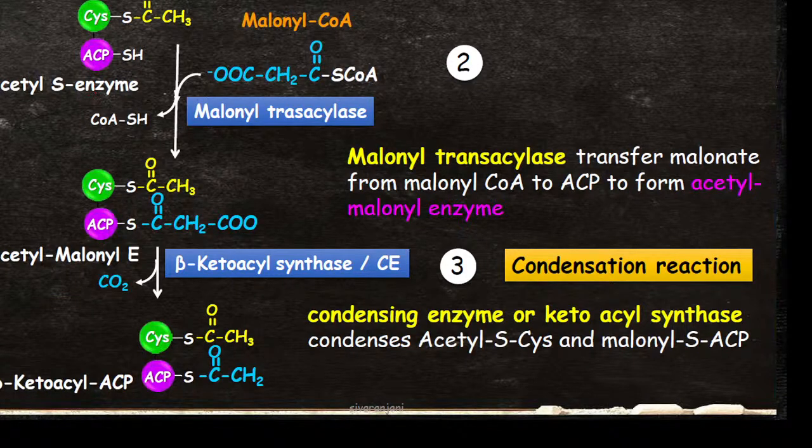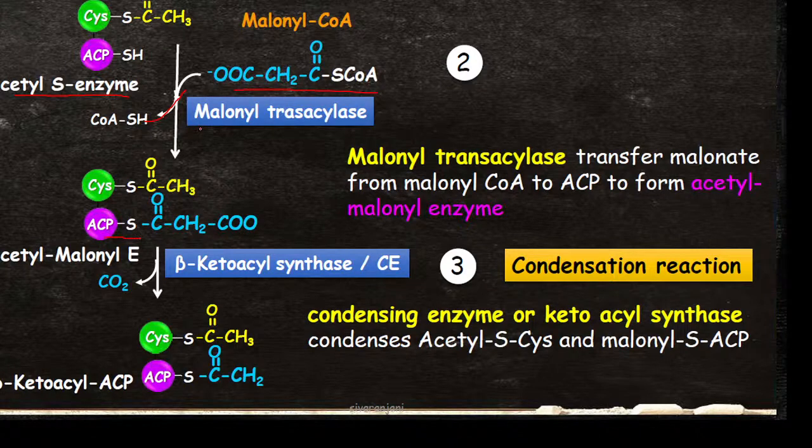In the next step, the acetyl enzyme so formed will combine with a molecule of malonyl CoA. Here CoASH is released, and malonate is transferred to the ACP unit of the fatty acid synthase complex.